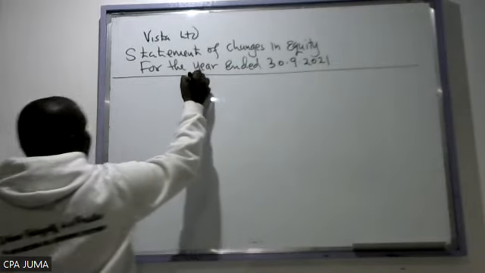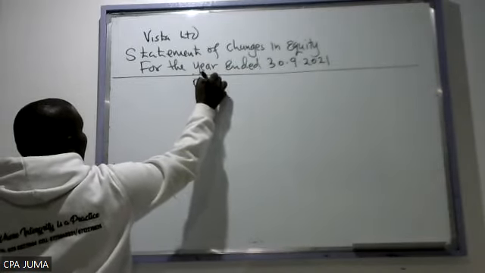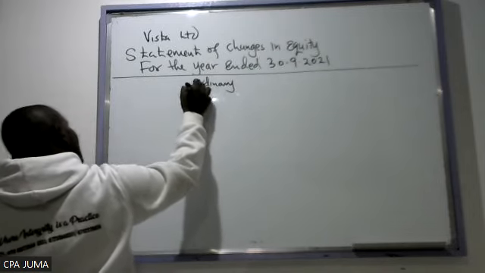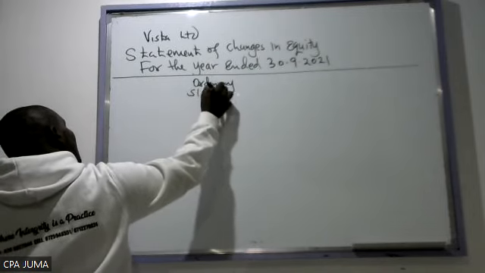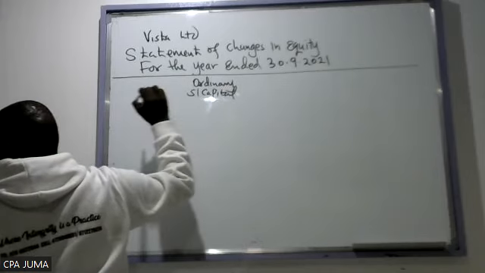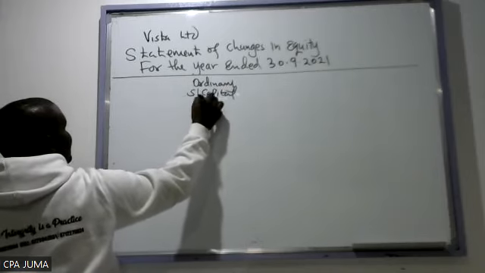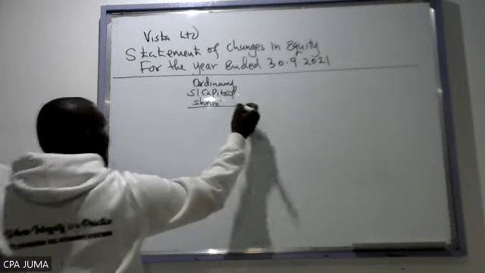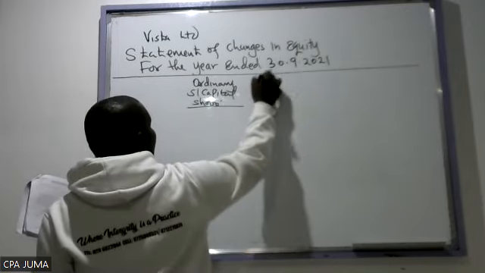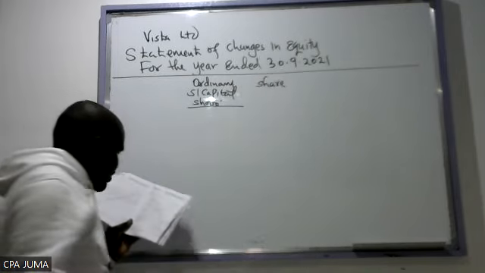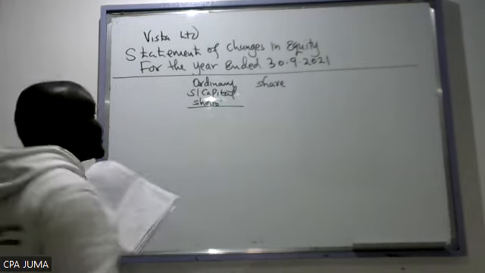So ordinary share capital, shillings are in thousands. Share premium is there. I'm picking them from the trial balance.